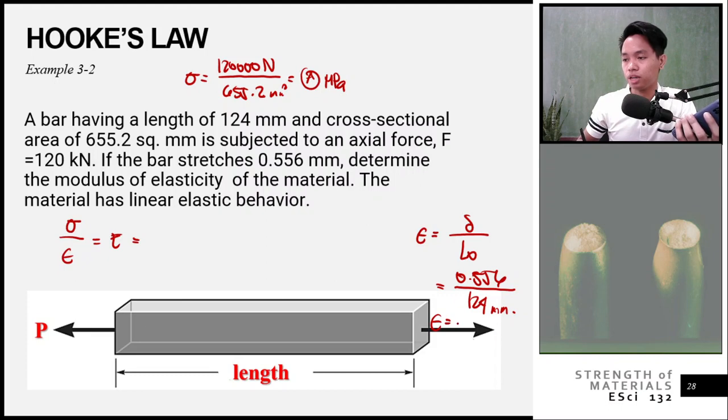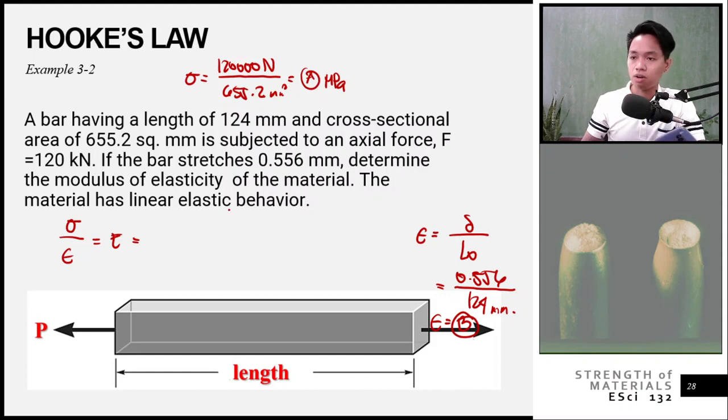We'll store it to B. The unit is in millimeter per millimeter, so dimensionless. So 0.556 divided by 124 would be 4.48 times 10 to the negative 3. I'll just be storing that to B.